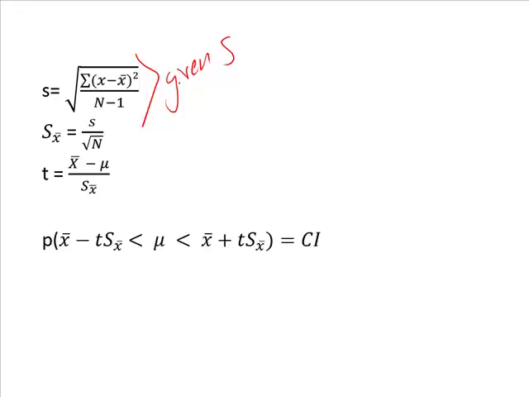Not really. 185 is large enough that we can stick with the Z table, the normal distribution table. When you look at the T table and try to figure out how big n has to be, at around 38, so the upper 30s, it's about the same as the normal distribution.